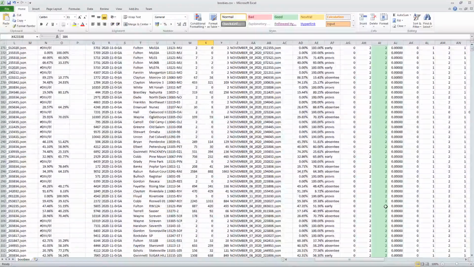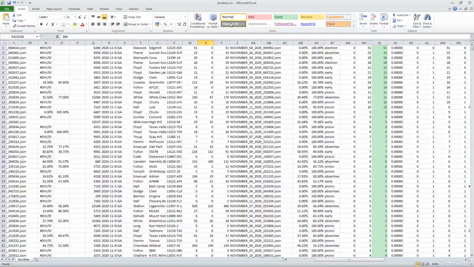So this is my spreadsheet that actually shows the individual modifications that were made to each entry, and it has all of them separate. So this is the difference between my spreadsheet and Edward Solomon's spreadsheet. Edward Solomon combines for each precinct early provisional absentee election day, and then he uses the running totals. So he just has a list of the different running totals for each precinct as they update.